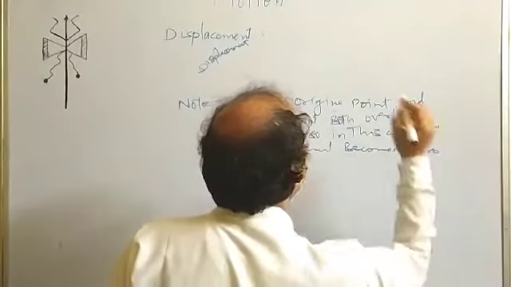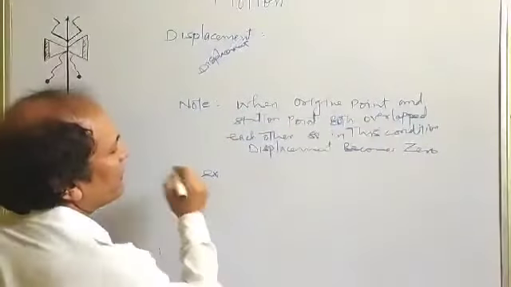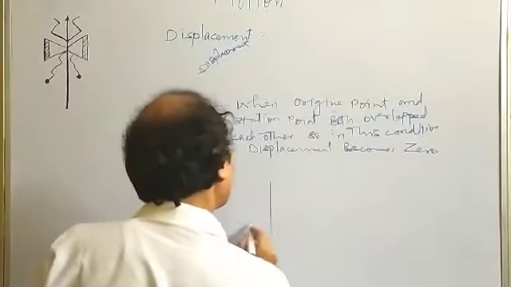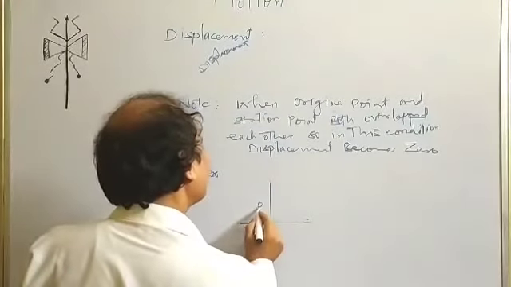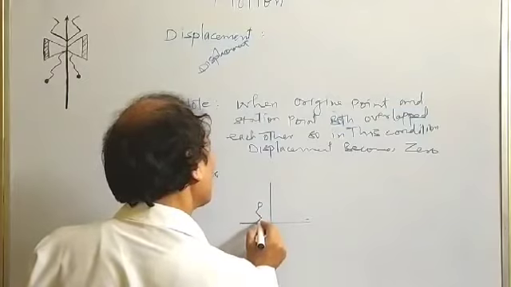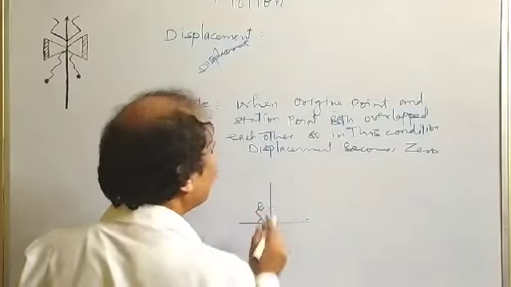Example: suppose here is the origin point. A person starts from here.